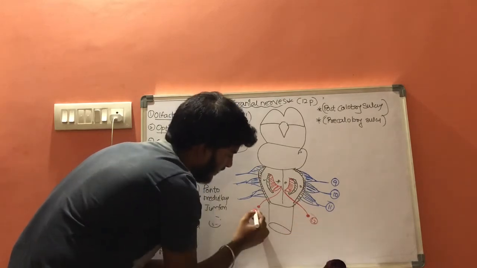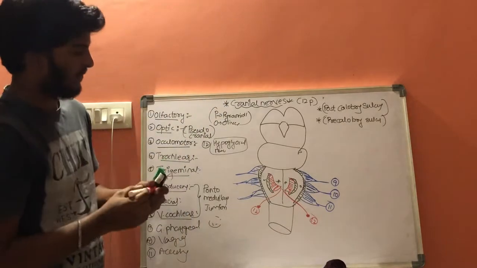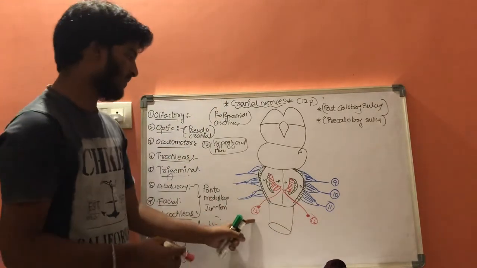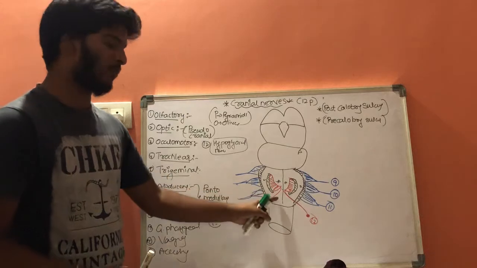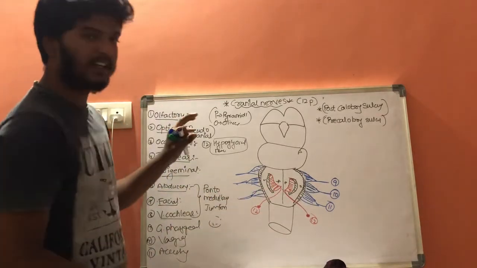In this way, the 12th cranial nerve arises from the pre-olivary sulcus. So in this way, 12 cranial nerves are arranged.